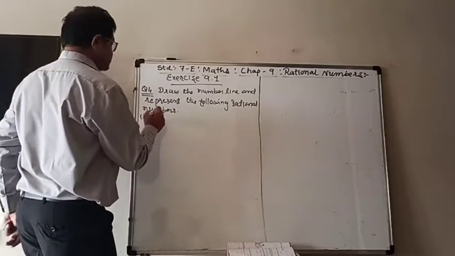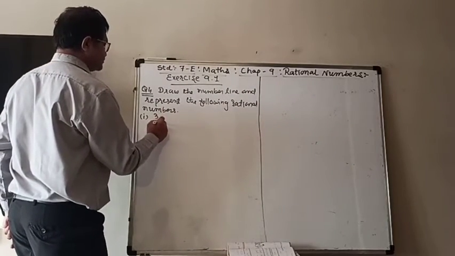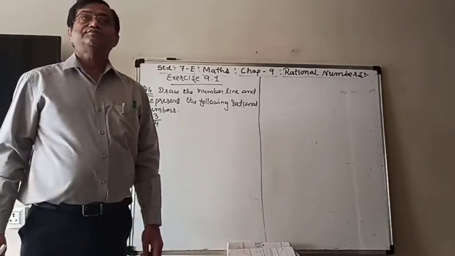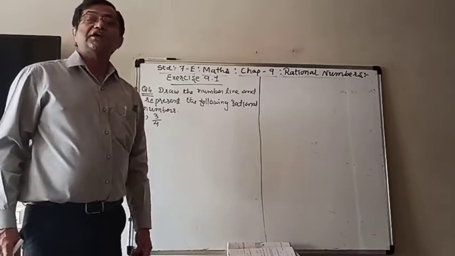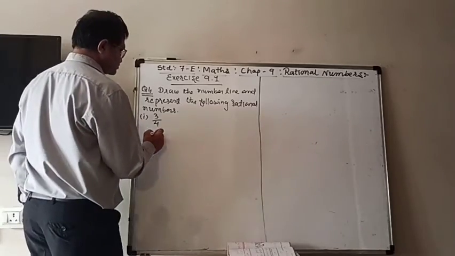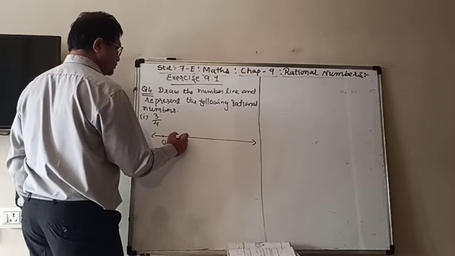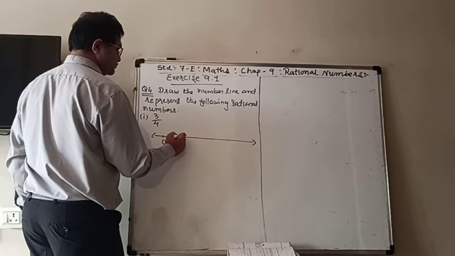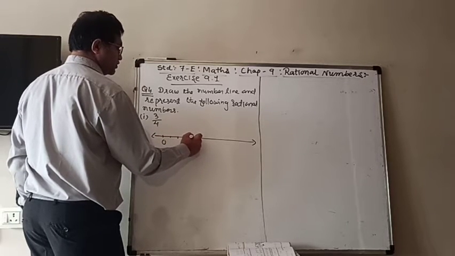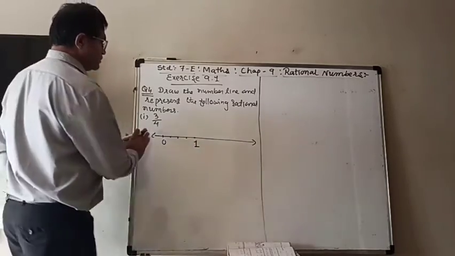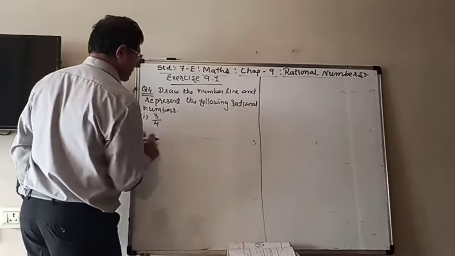The first number is 3 upon 4. Now, here we have to make 4 equal parts between 0 and 1, so 1, 2, 3 and 4 equal parts. So we will write down 1 at the 4th part.